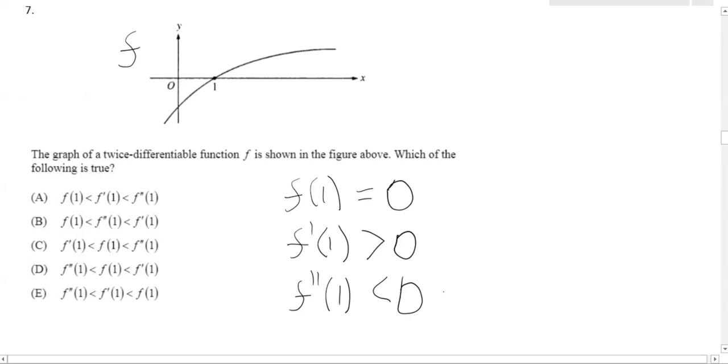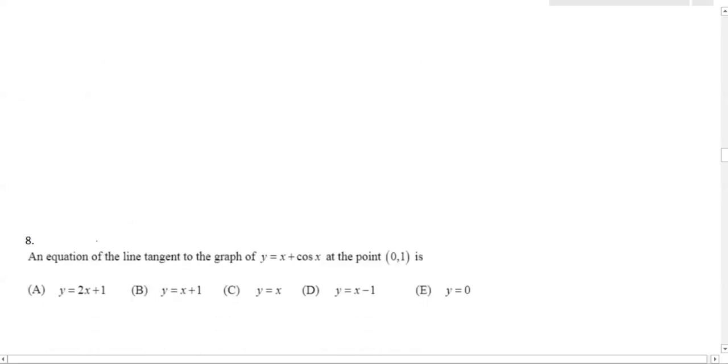So we're looking for the inequality, since these are all less than symbols, at which the second derivative comes first. So these 3 are going to be eliminated because the second derivative has to be less than f of 1, since it's less than 0. And since f of 1 is 0, it's got to be less than f prime of 1 because f prime of 1 is positive. So it's choice D for this one. Really like that problem.